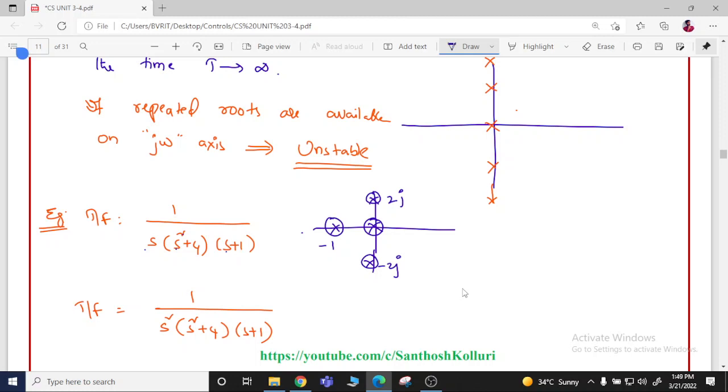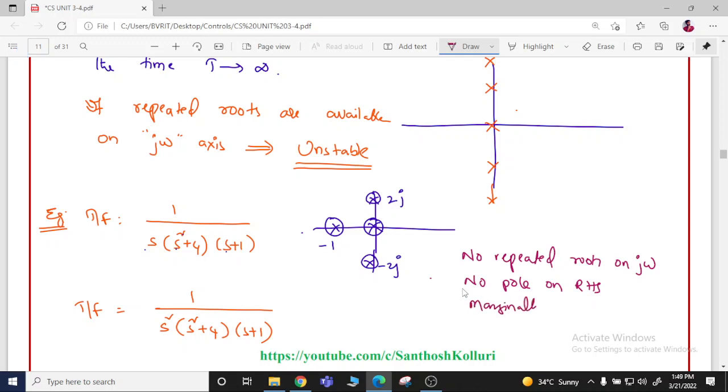From this diagram, it is clearly observed that there are no repeated roots on the j omega axis, and no pole on the right half of the s plane. So the system is marginally stable.